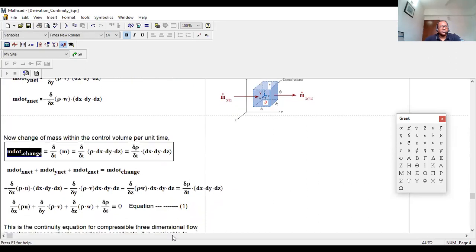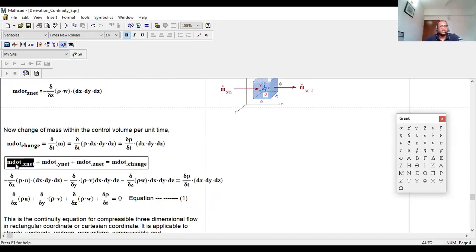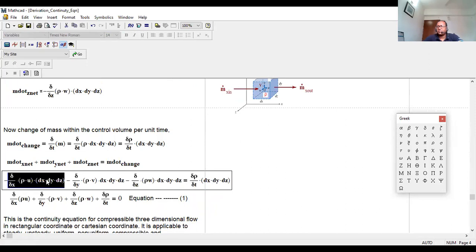The net mass flow along x, y, and z, which we already figured out, equals minus this term. That means mass deposited into the control volume due to the velocity component u, this one due to v, and this one due to w, equals the rate of change of mass right over here.